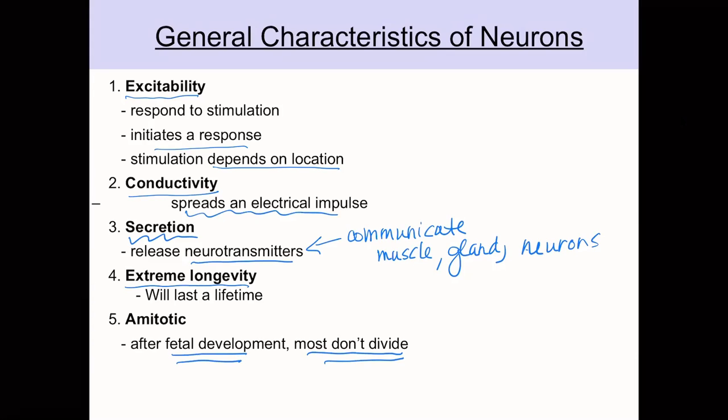So they don't go through mitosis after fetal development. There's a lot of research going on to try to figure out how to make them reproduce. If you could get them to copy themselves, to go through mitosis, you could heal some major accidents.